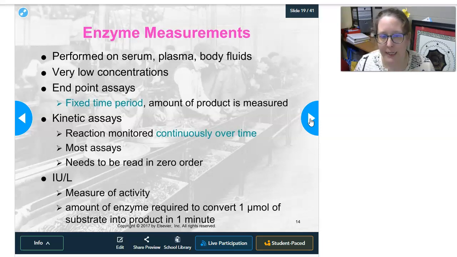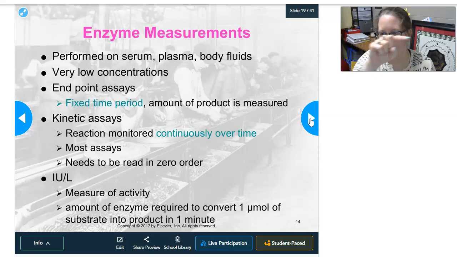With kinetic assays, the reaction is monitored continuously over time. Most enzymatic assays are kinetic assays, and those need to be read in zero order. So you can go back and see the part where that relationship is linear on that curve. So it goes like this and then it goes like that.